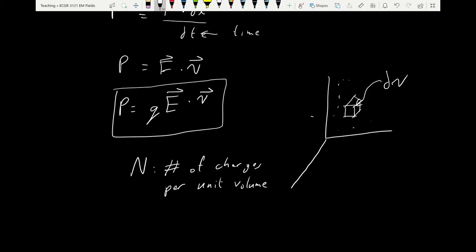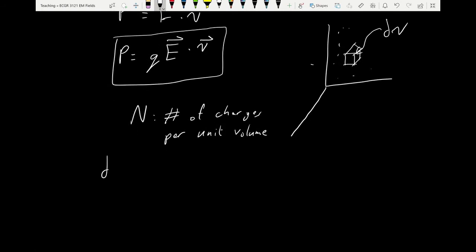So if I give you n as a number of charges per unit volume, then a volume dV will have N. So N has units of number per meter cubed.